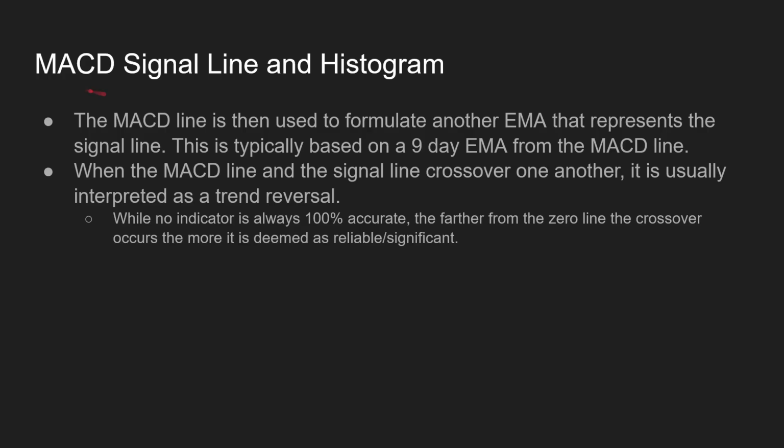So let's say the MACD line is below the signal line. If the MACD line crosses above that signal line, that's interpreted as a trend reversal, and we're starting to see prices come up. On the flip side, if the MACD line falls below that signal line, that's an indication that prices are coming down.